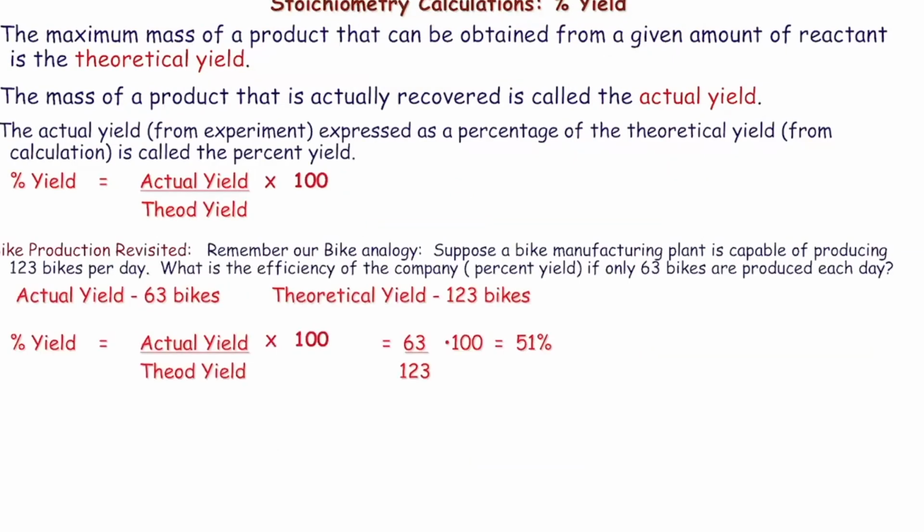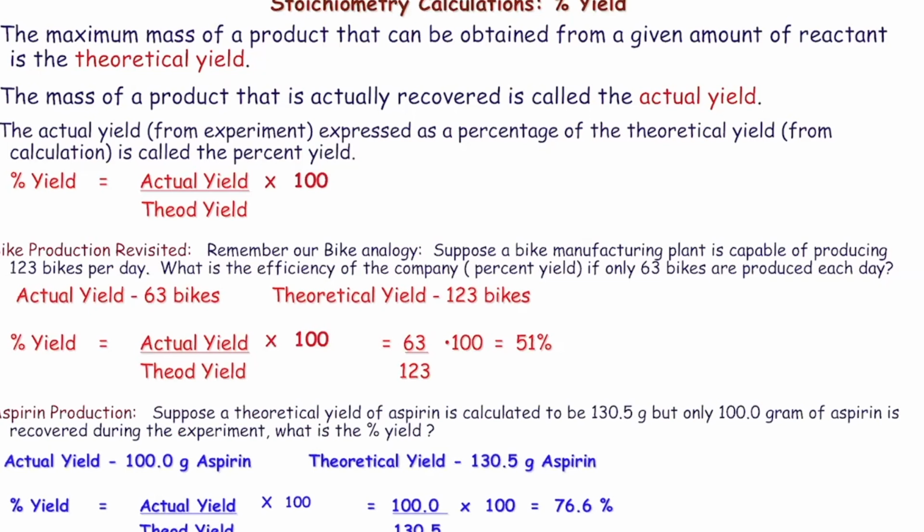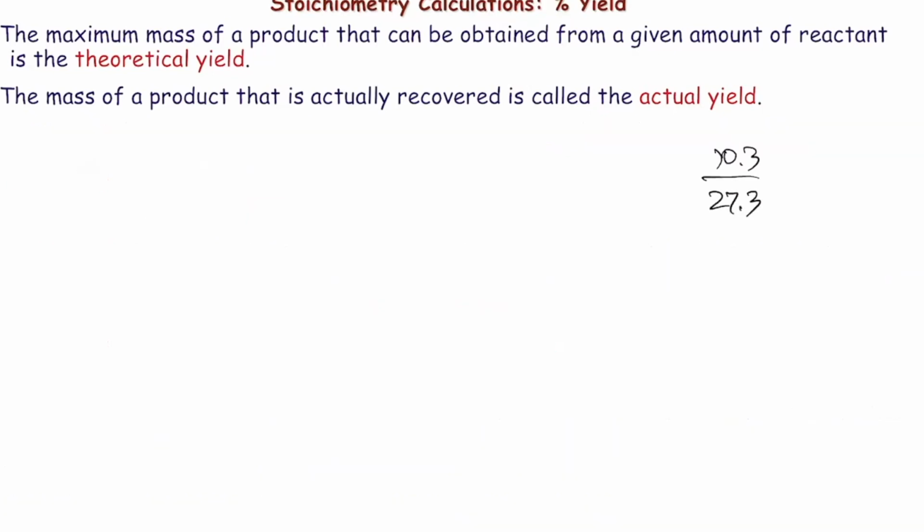Just like the bikes, if we were able to produce 123 bikes a day, but we only produce 63, then the efficiency, the percent yield, would be 51. For our case, it was 10.3 over 27.3. I believe that was the number that we had. 27.3 times 100.